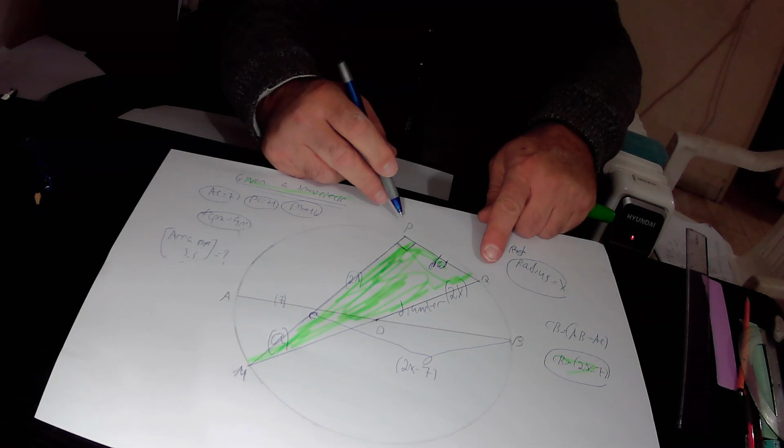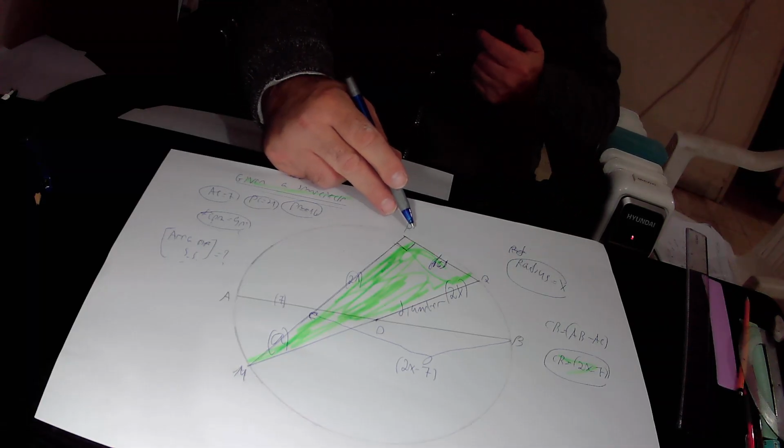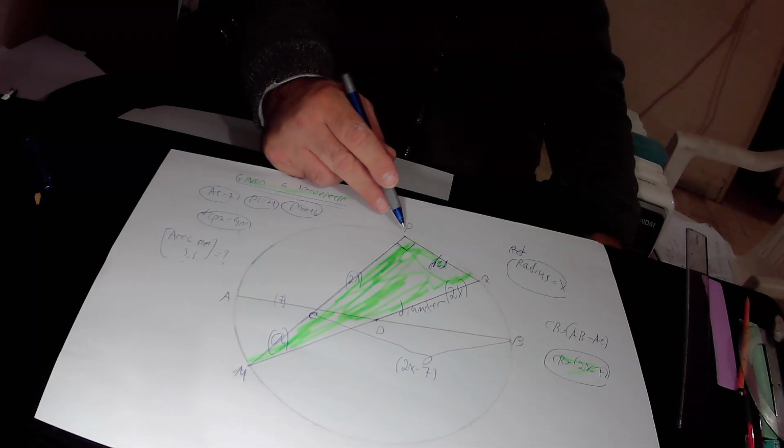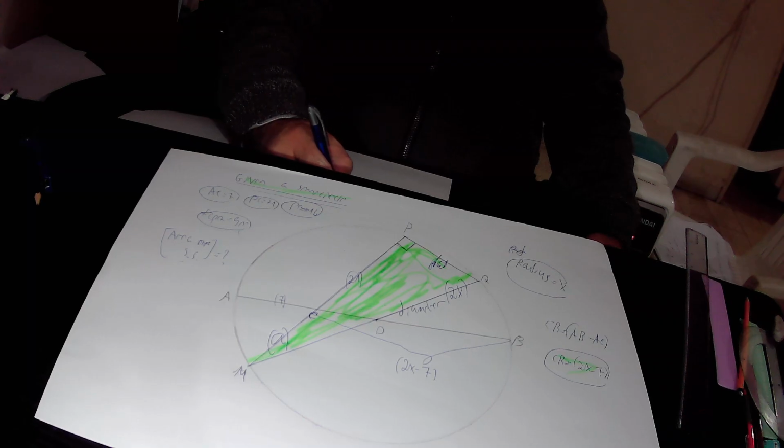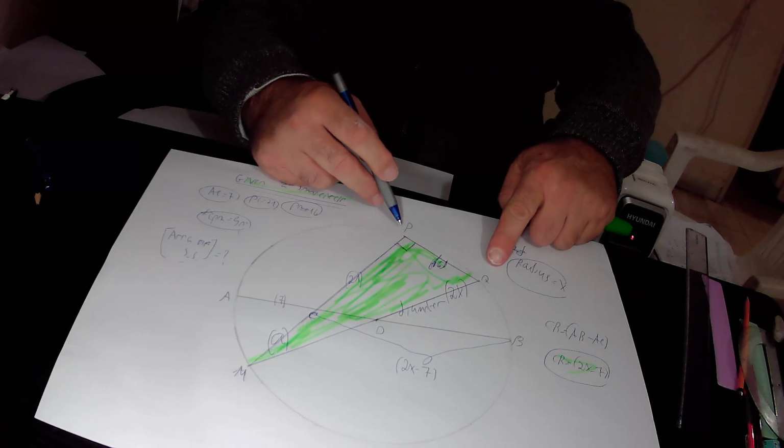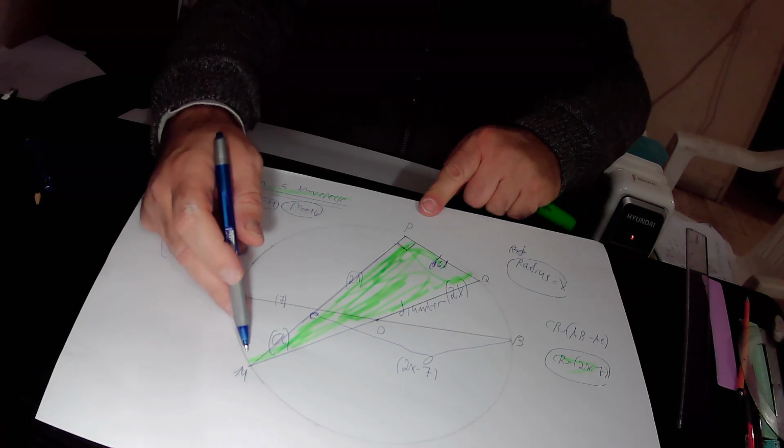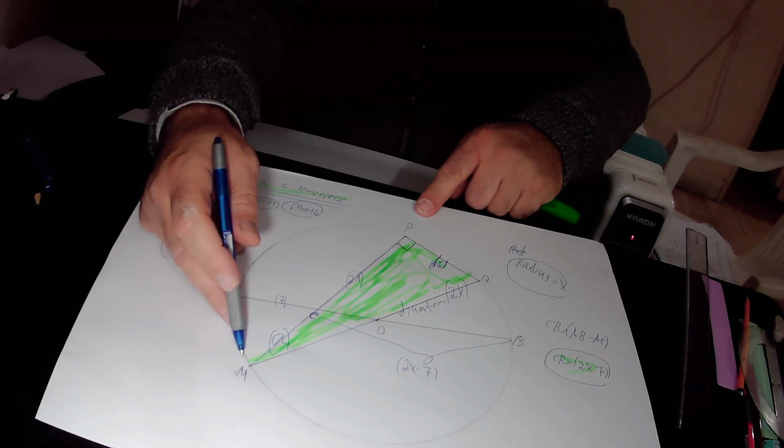And it equals PQ squared. PQ is 16, therefore PQ squared is 16 squared, that is 256, plus PM squared. PM in total is 21 plus 8, therefore PM squared is 21 plus 8 squared.